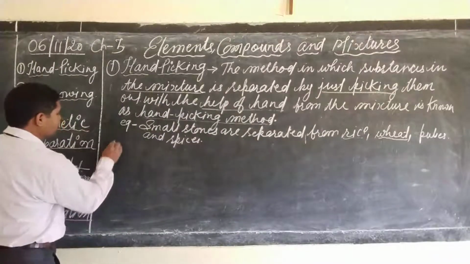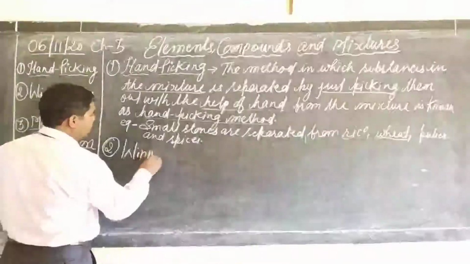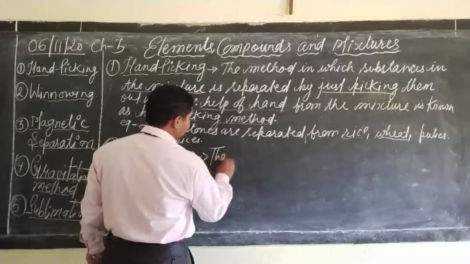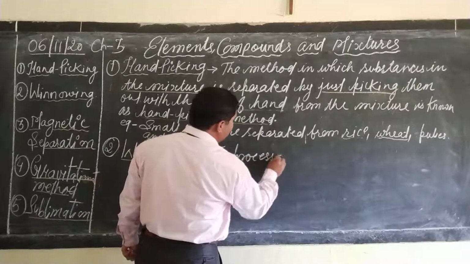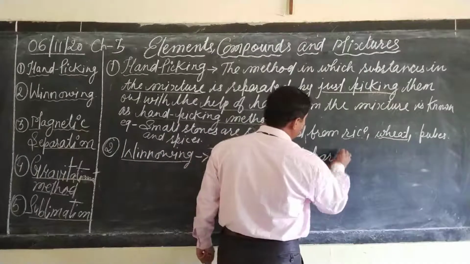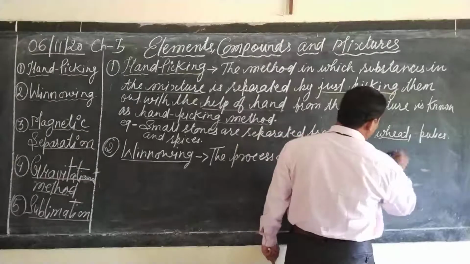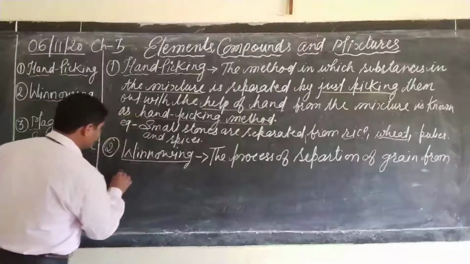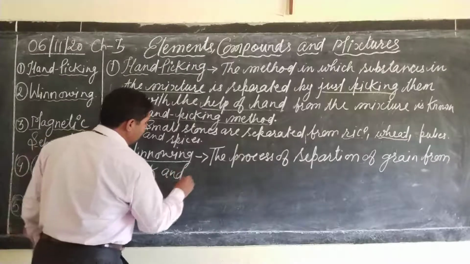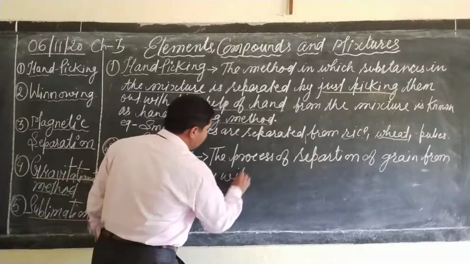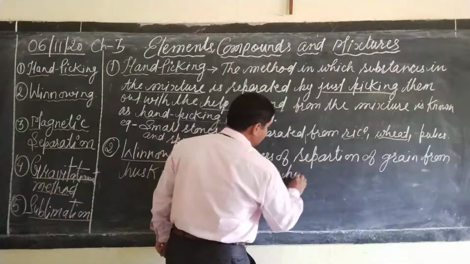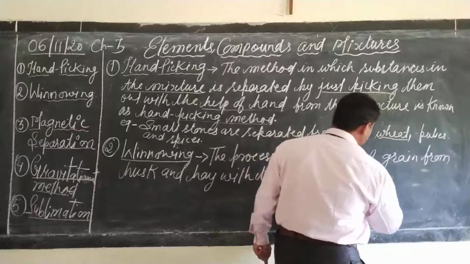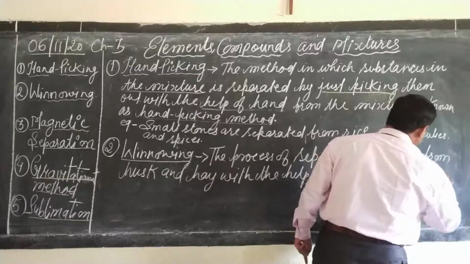Winnowing. The process of separation of grain from husk and hay with the help of wind is known as winnowing.